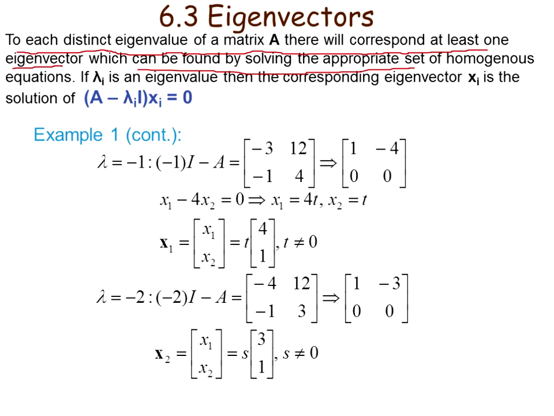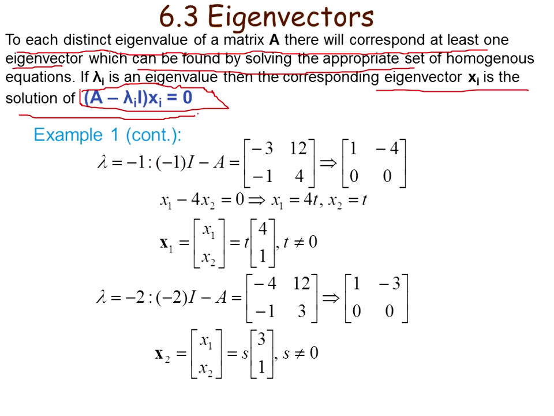If lambda i is an eigenvalue, then the corresponding eigenvector xi is the solution of A minus lambda I times x is equal to 0, or we can say lambda I minus A times x is equal to 0. This is the equation of the eigenvectors, and we have to solve it.